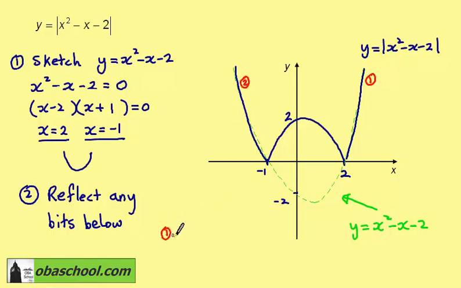Portions 1 and 2 are part of the original graph, so they're part of y equals x squared minus x minus 2. Portion 3 is the reflection in the x-axis, so will be the negative, minus x squared plus x plus 2.